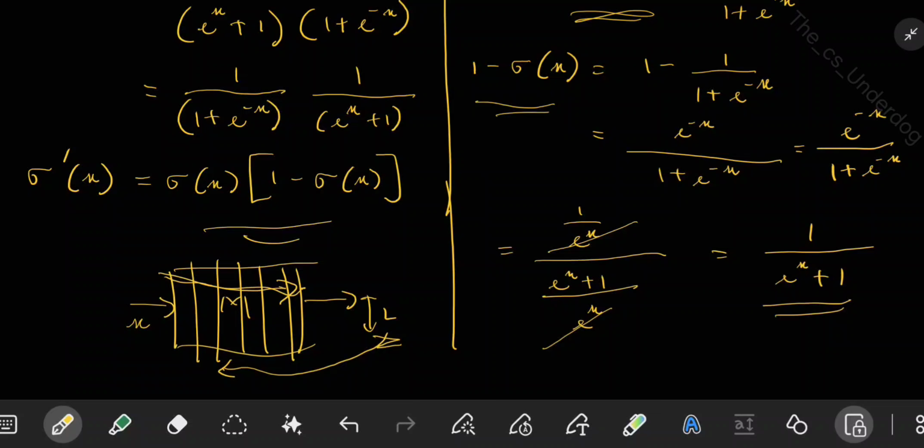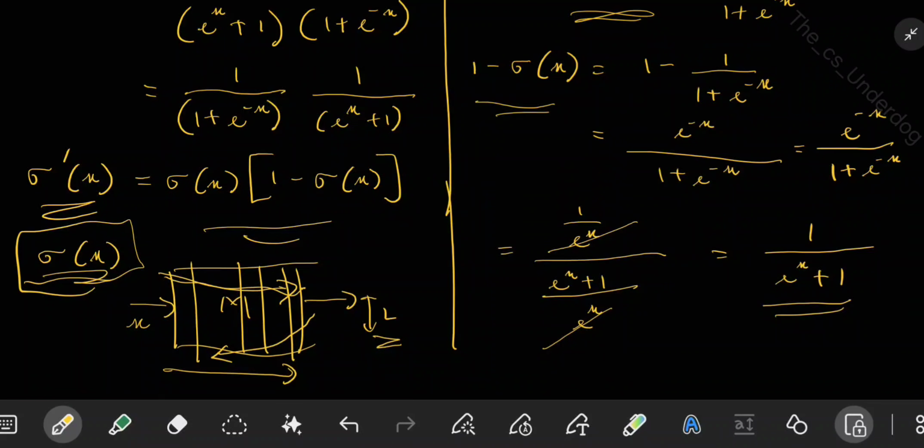During your forward propagation, anyway you are calculating your activation function, which means sigmoid of x is already calculated during your forward propagation journey. So, during your backpropagation, when you want to take derivative of sigmoid of x, you don't have to calculate everything again. Instead, you can simply make use of the sigmoid of x, the activation function that you calculated during your forward propagation.